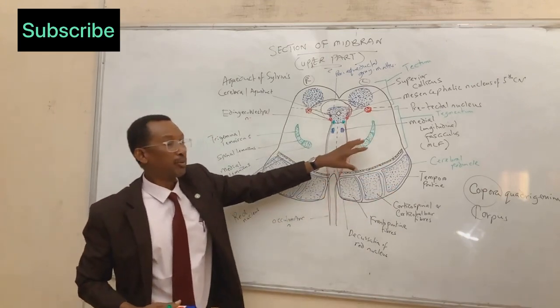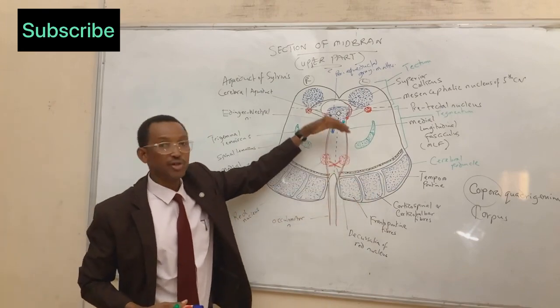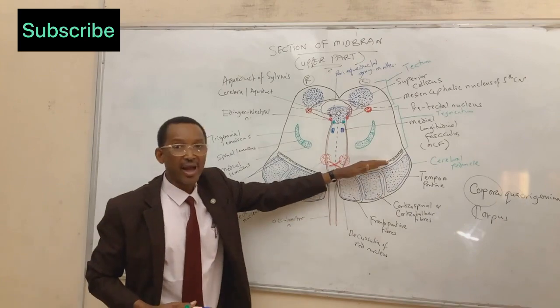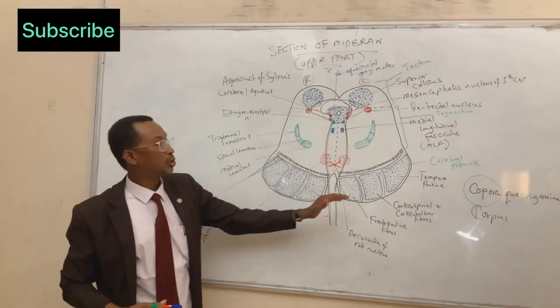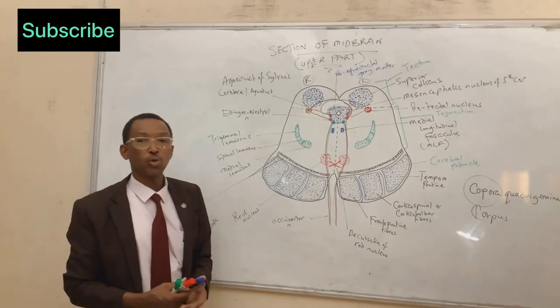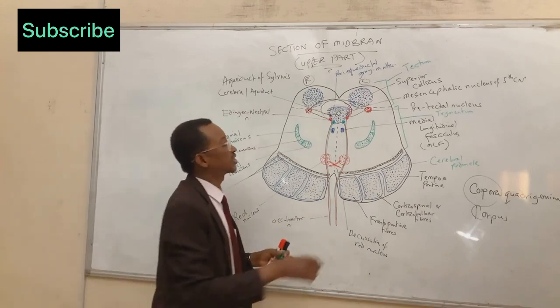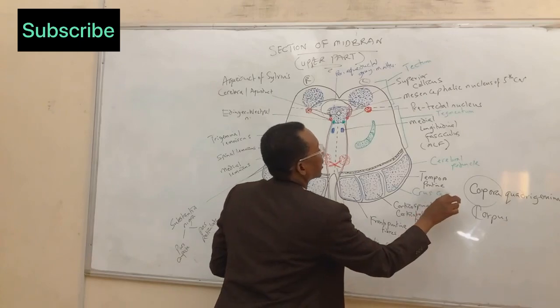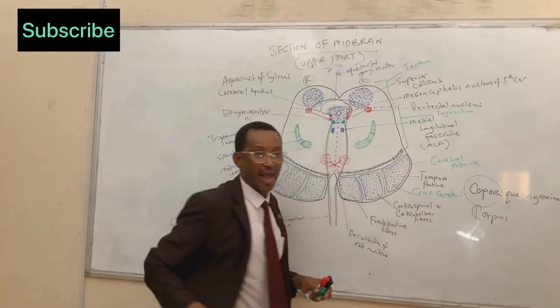So the cerebral peduncles lie anterior to the tectum, and they are further subdivided into two parts by the substantia nigra. So anterior to the substantia nigra is what we call the crus cerebri. So this anterior aspect here is what we call the crus cerebri. Are you clear?